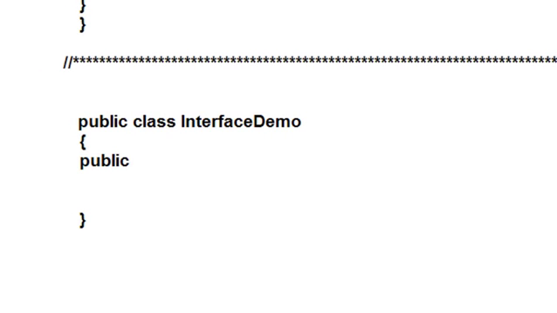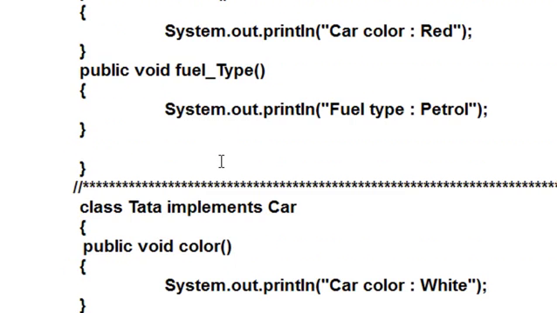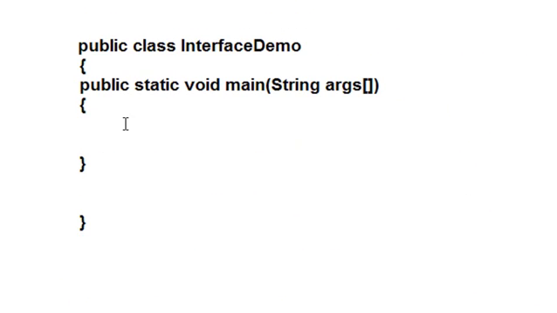Here is the main method, public static void main, with the command line argument. Okay, now I'm going to create an object of the first class called Toyota. Toyota is equal to new Toyota.